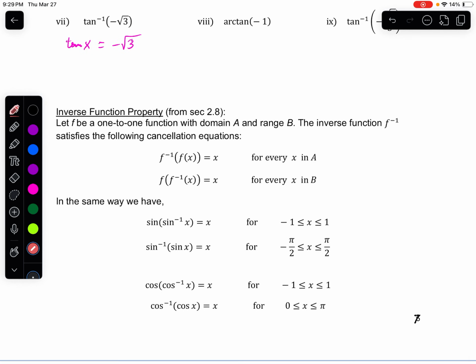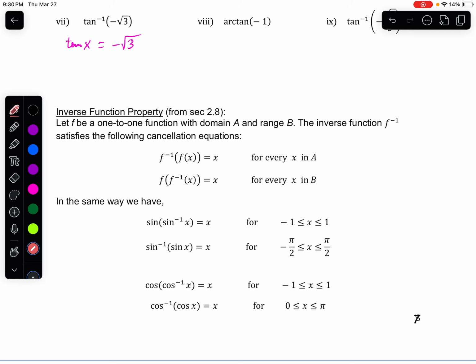Okay, so now we have some more a little bit complex problems, because now we have learned how to evaluate the inverse sine function and inverse trig functions, and also we know how to evaluate the trig functions.